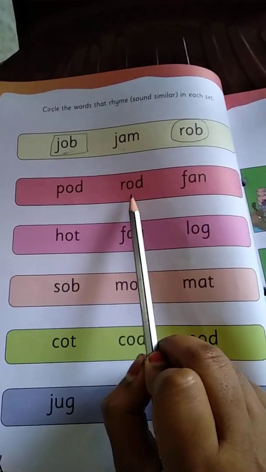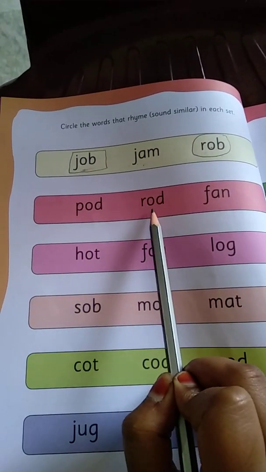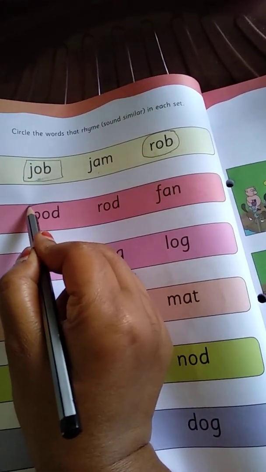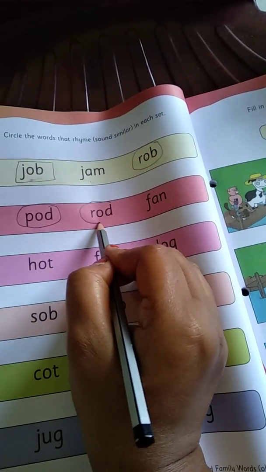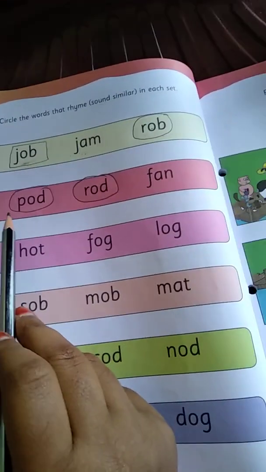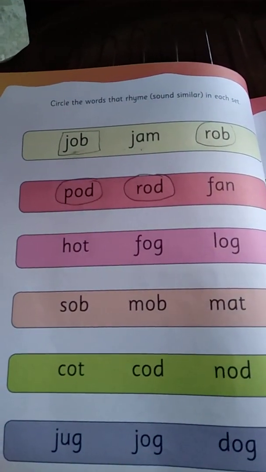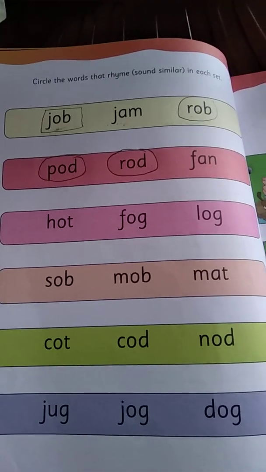Pot and rod. Pot, ot, rod, ot, right? So the first and second words have a similar sound. So pot and rod are rhyming words.